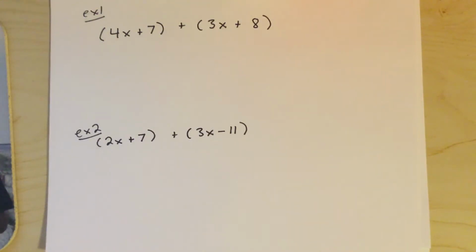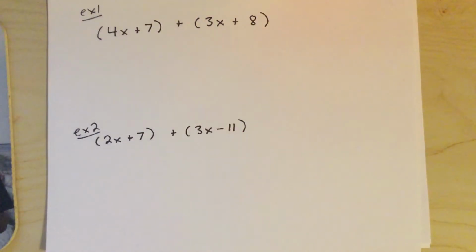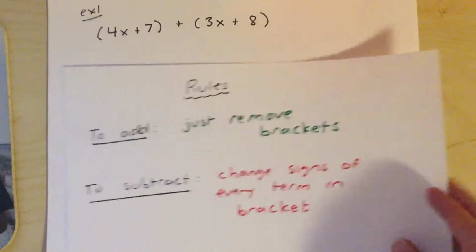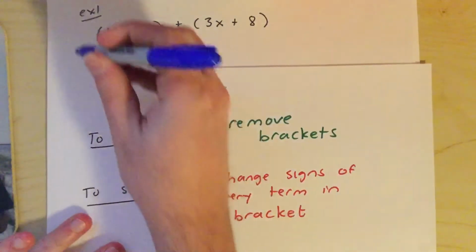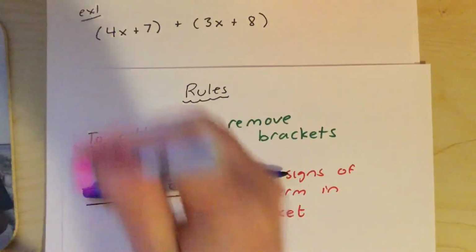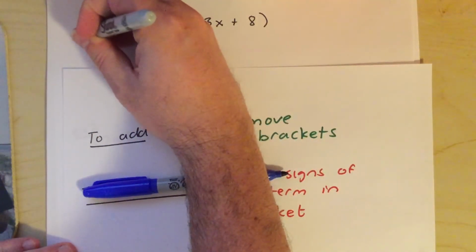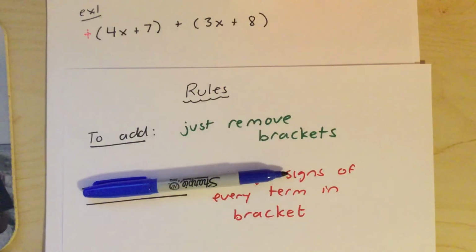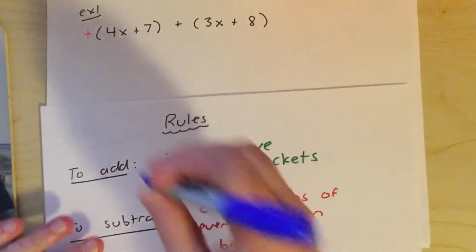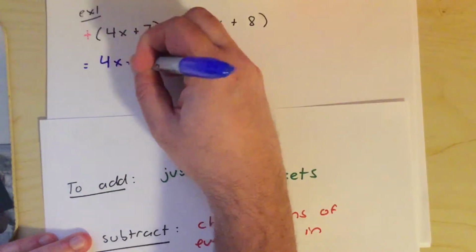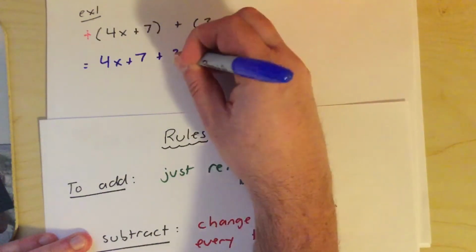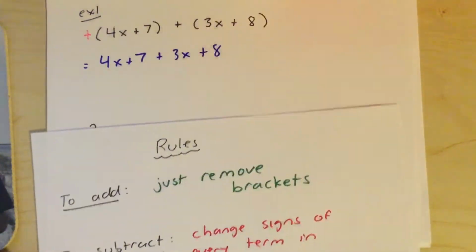So here we go. We have 4x plus 7 plus 3x plus 8. Remember the rule: if there's a plus sign in front of the bracket, we just remove the brackets. To subtract, we change the signs. What's in front of this bracket, you can't see it because it's invisible, is an invisible plus. So that means we just get rid of it. So it's going to be 4x plus 7 plus 3x plus 8.